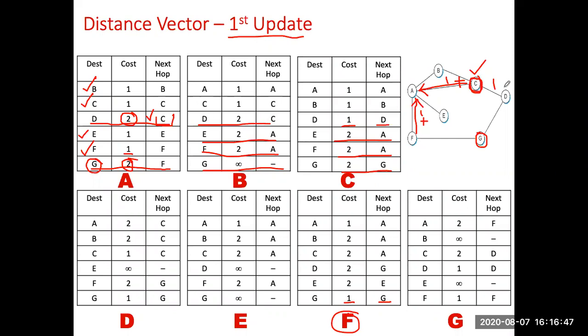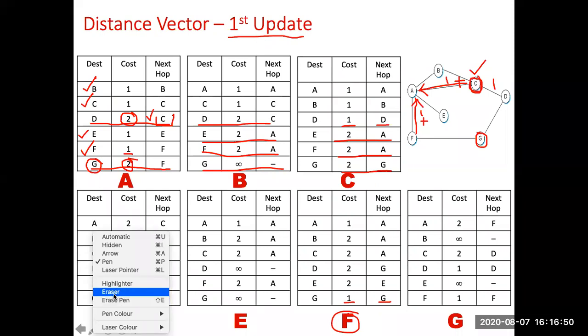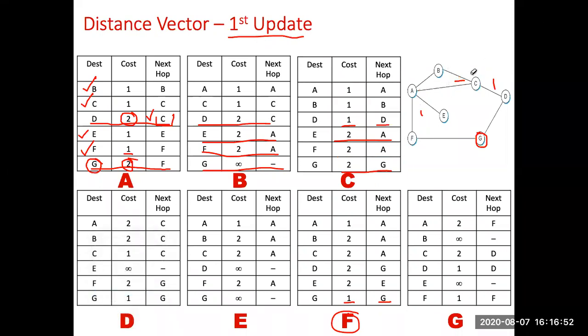For B, D was infinity, but now B can reach D with the next hop C. Similarly, B can now reach E via A, and the cost will become 2. So this is how all the routing tables will be updated.